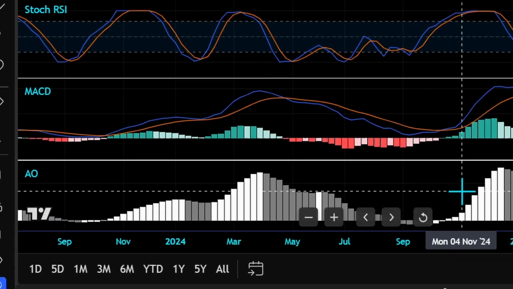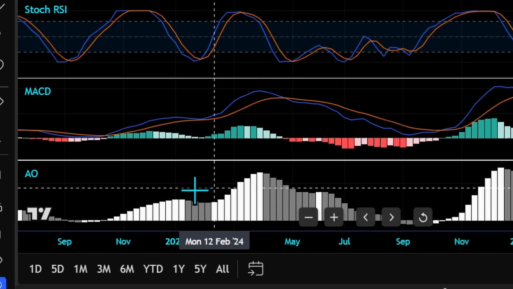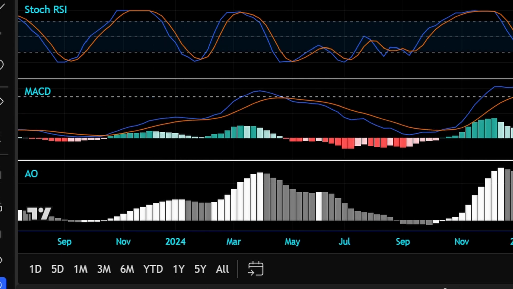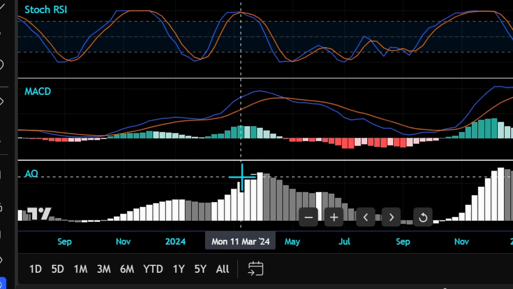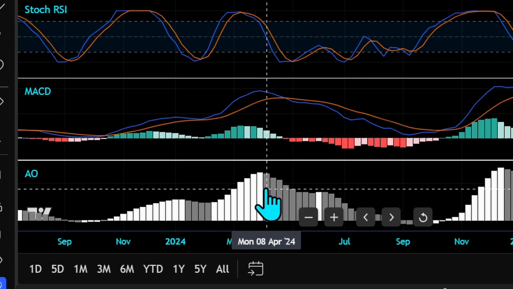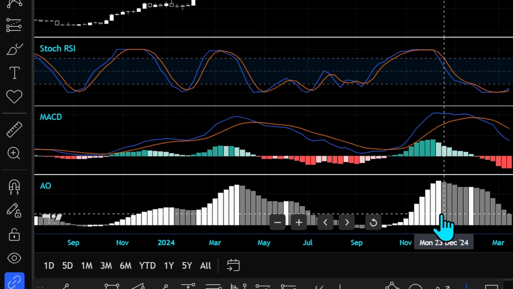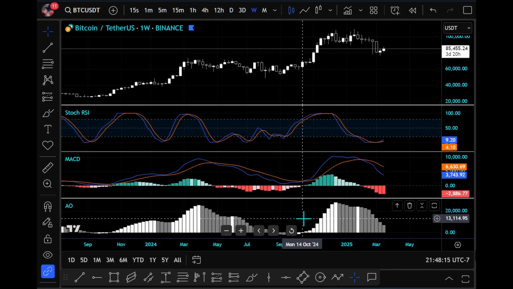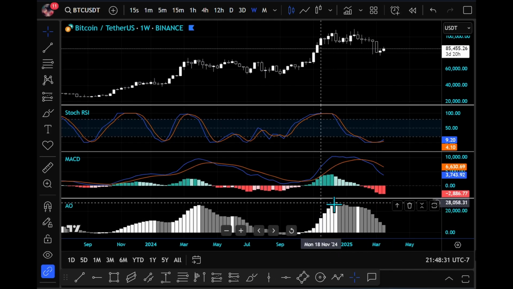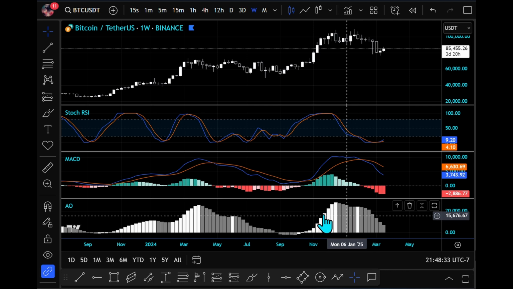Awesome Oscillator is another one where you don't see the two bands, you just see the histogram. It's also similar to the MACD in that way, but it's using slightly different calculations. Awesome Oscillator is one where you will also look for divergences.